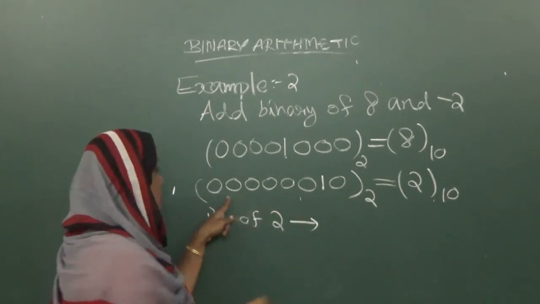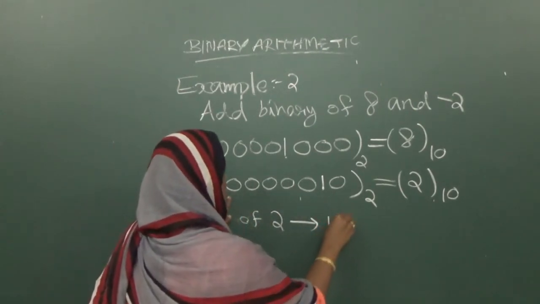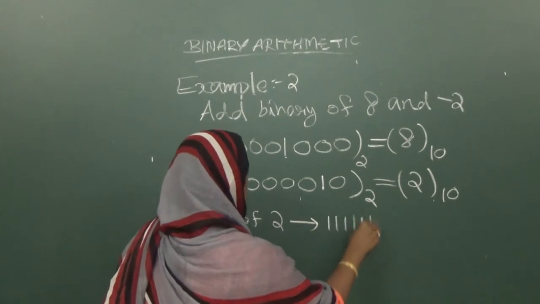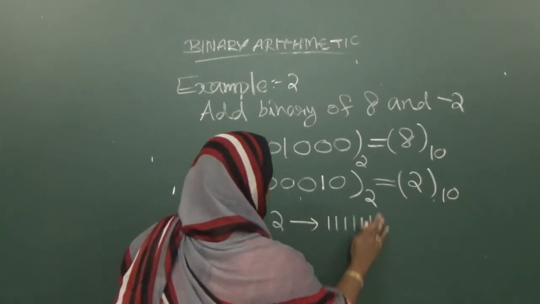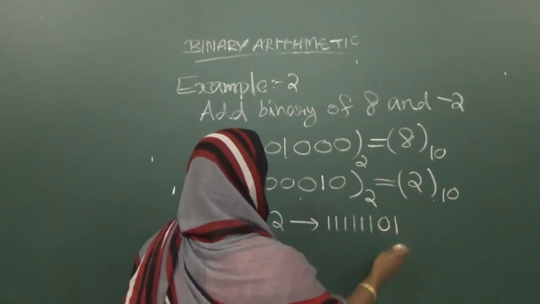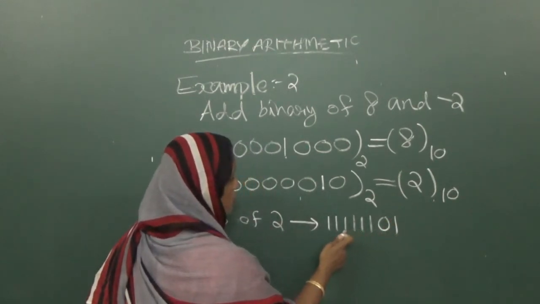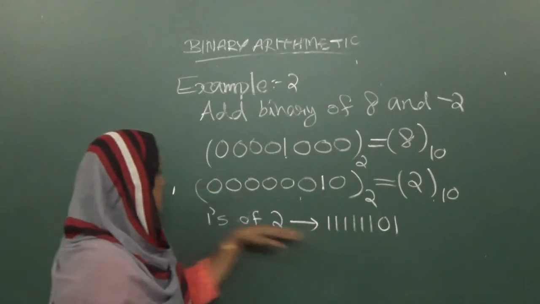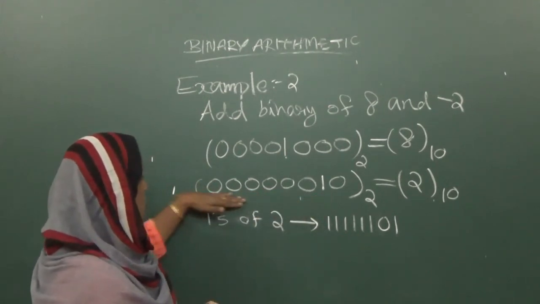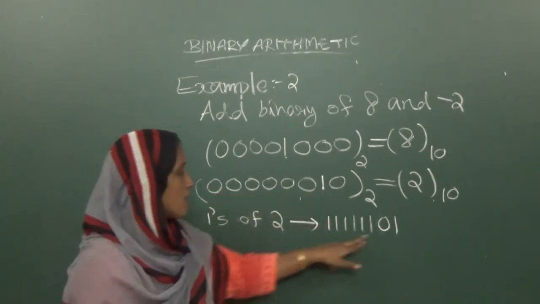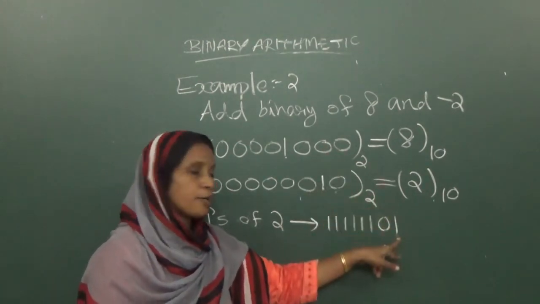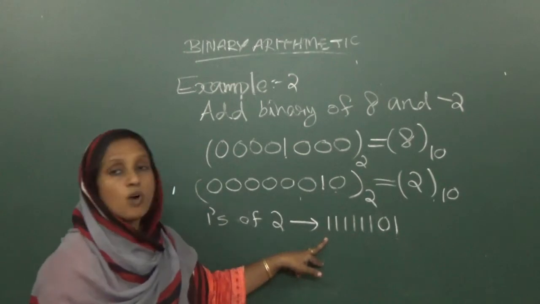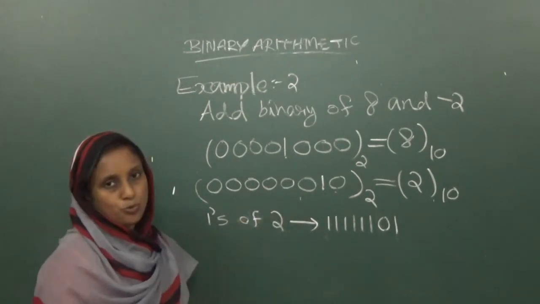By converting this, you get 1 1 1 1 1 1 0 1. Okay, 1 2 3 4 5 6 7 8. 8 bits are here. The leftmost 6 bits are ones. Next one goes to 0. The last 0 again becomes 1. This is the 1's complement of 2.